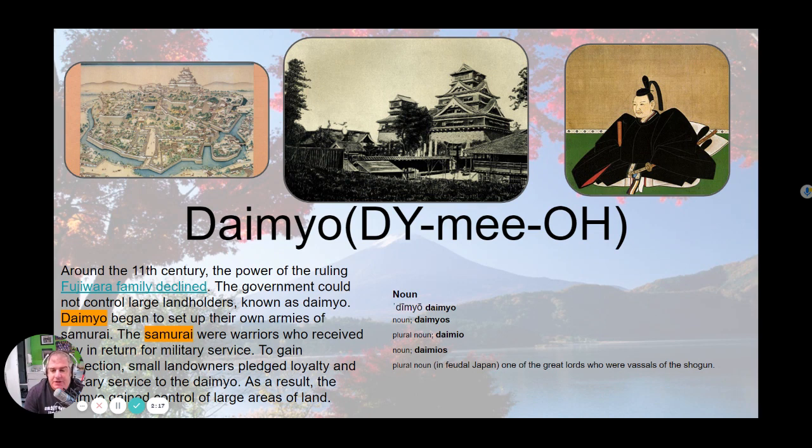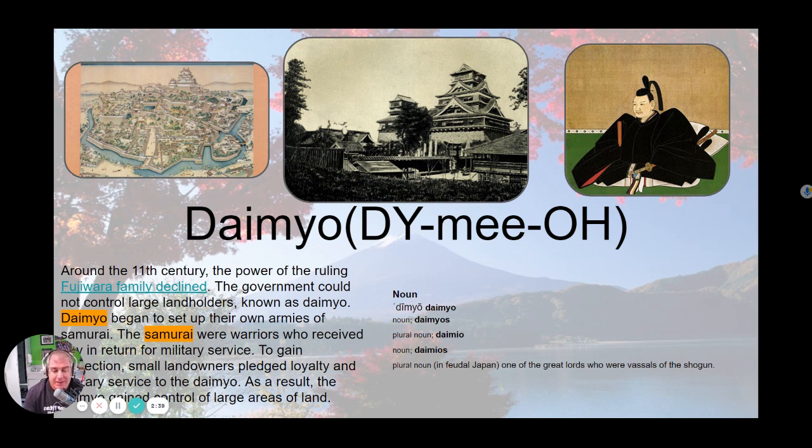The government couldn't really control these owners, and they started fighting with each other. And it started a period, just like in China, just like in Europe, of chaos and fighting between these large landowners.